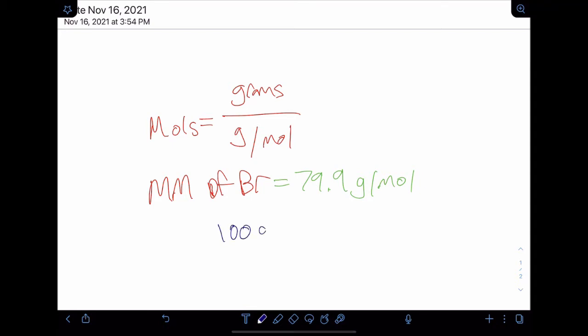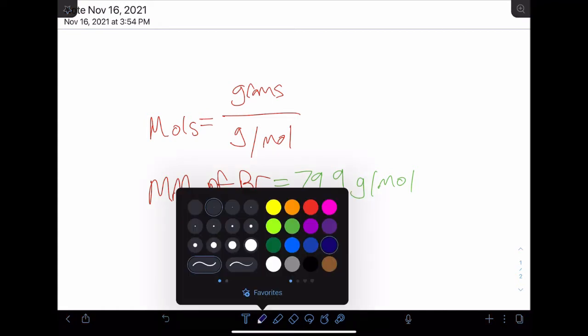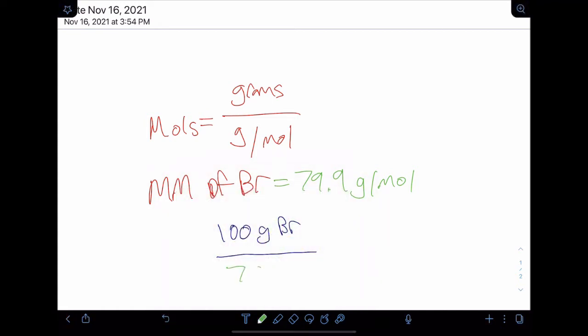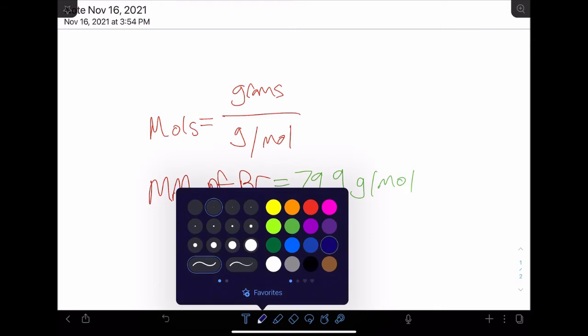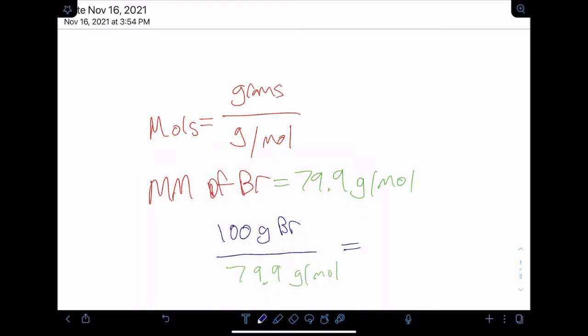So I'm going to write 100 grams of bromine, Br, over, let me change the color, 79.9 grams per mole, so the molar mass of bromine. And that gives us 1.25 moles of bromine, Br.